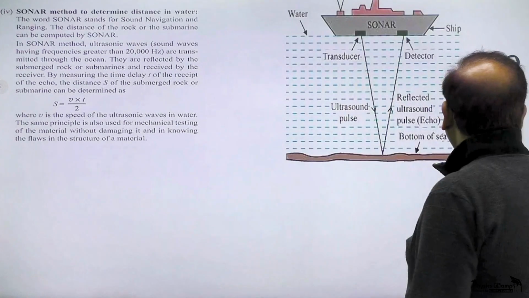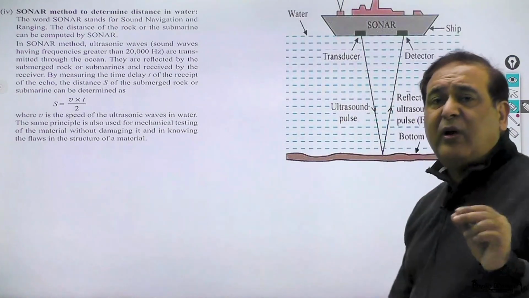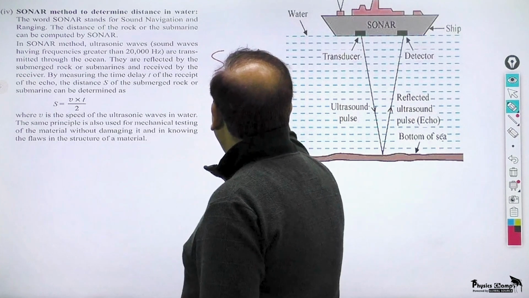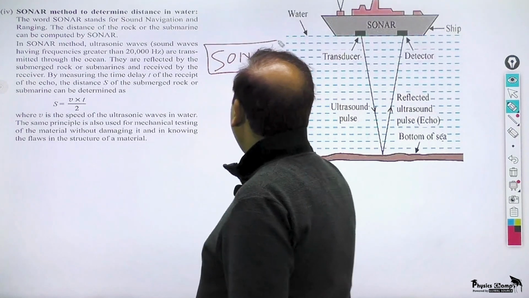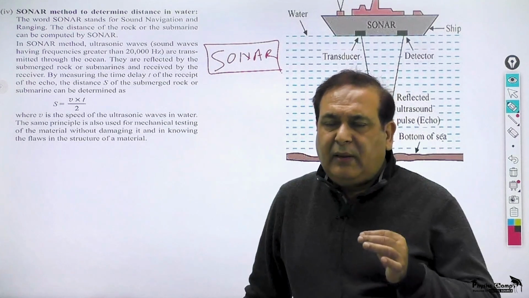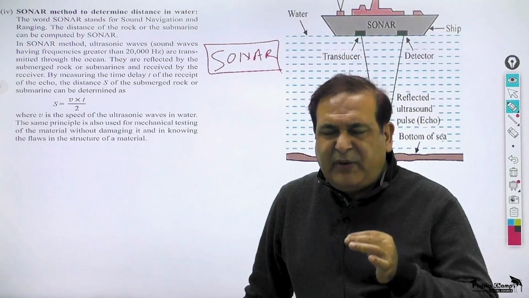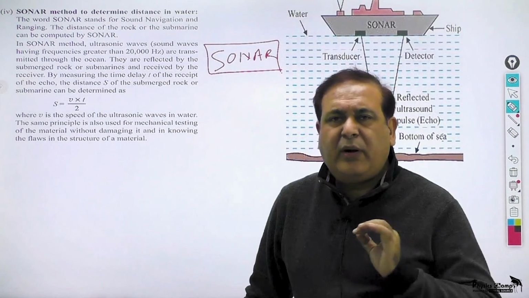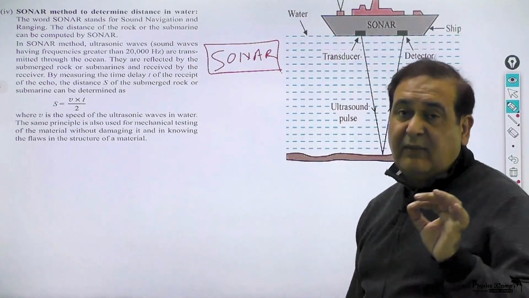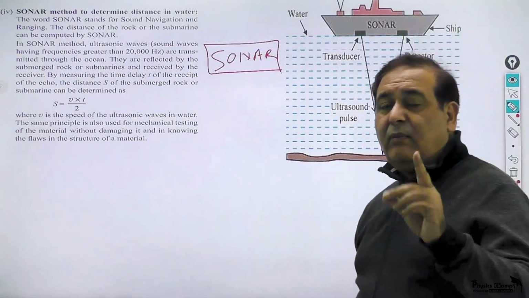Now coming to the next one, there is another method, the sonar method. Now this sonar method, because these electromagnetic waves may not be that helpful in finding an object in the sea, in water. There, ultrasonic waves which travel with the speed of sound are more useful.